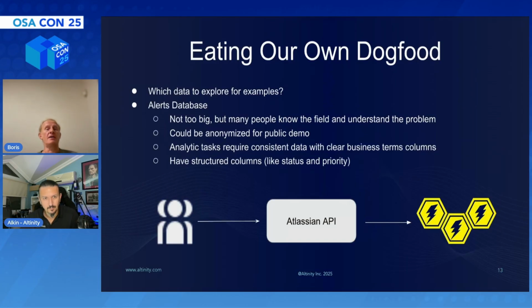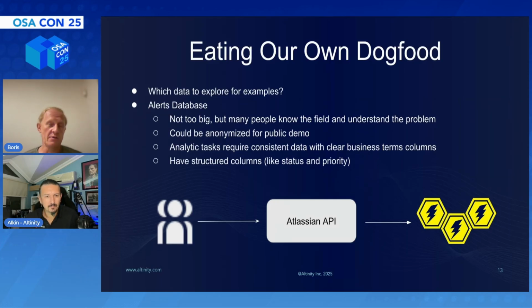But which data to explore? The whole idea is for our customers. Here at Altinity, we create solutions for our customers. We have 300 companies in Altinity Cloud, and we need to provide a valuable solution to explore data with modern LLM tools.